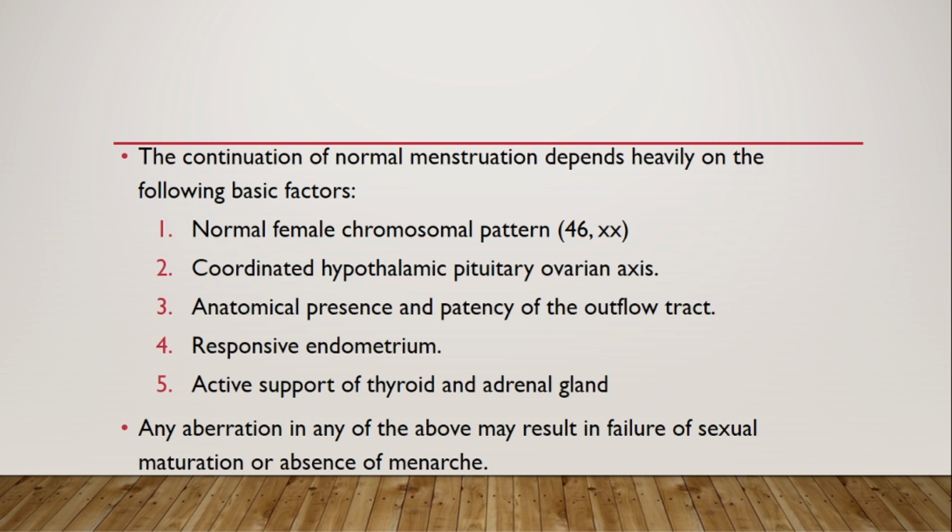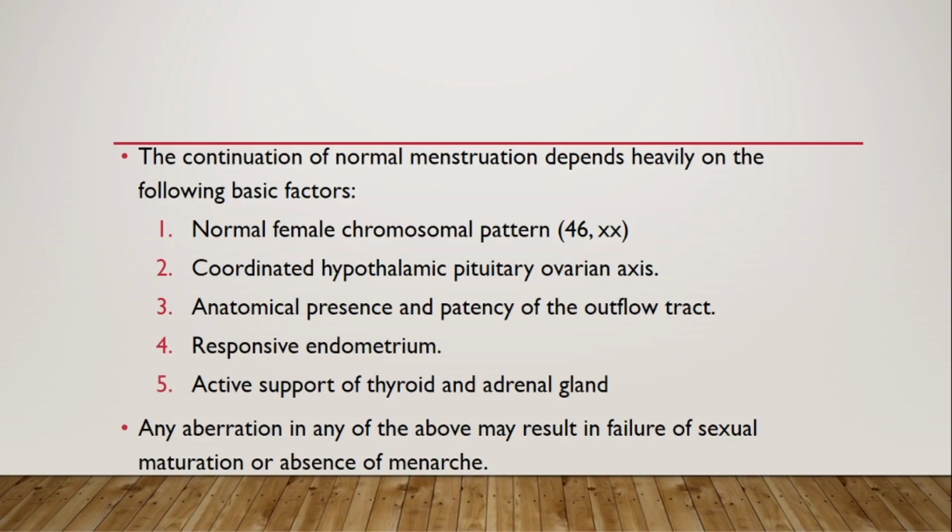Any aberration in any of the above processes may result in failure of sexual maturation or absence of menarche. When a lady has all of these in place, she is bound to have normal menstruation.